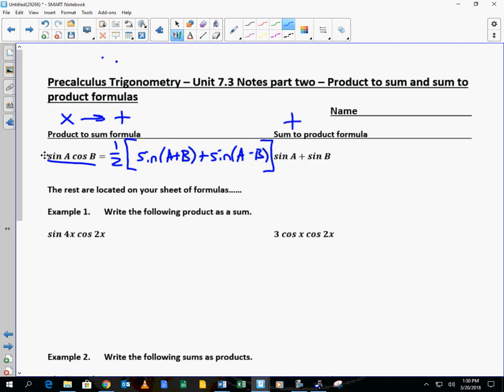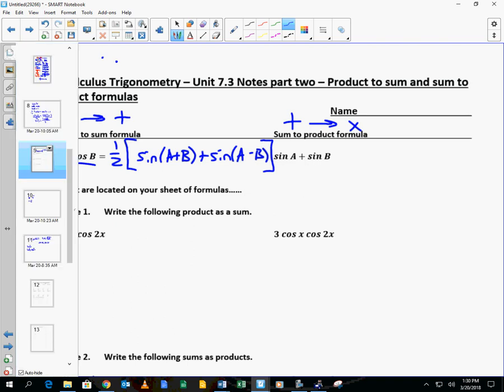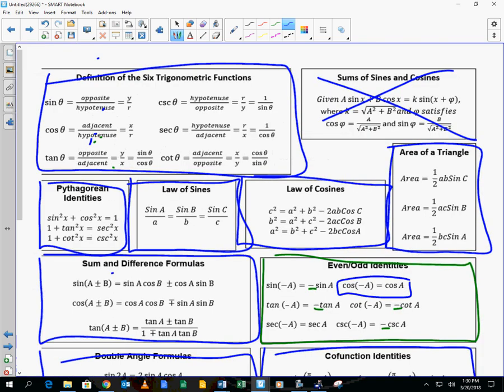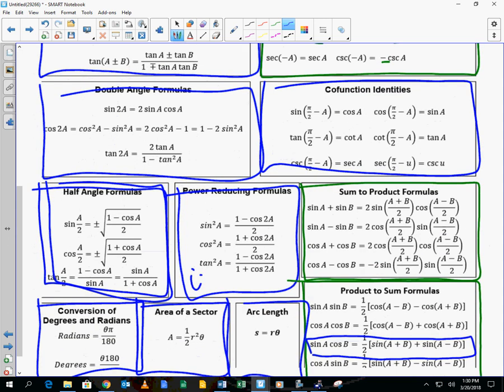You can also take a sum and write it as a product. So I have sine plus sine. If I glance at my formula sheet, I can see the sum to product formulas right here.